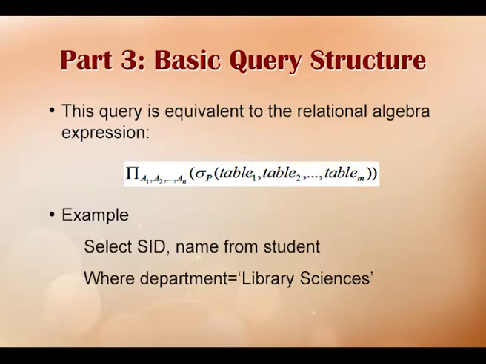Like in relational algebra, the expression is shown, and the example is: suppose I want to select the student ID and name from a table called student, for the library sciences department students. I have to give a query similar to select SID, name from student where department is equal to library sciences.